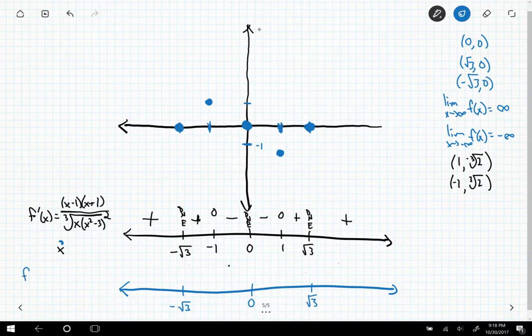We have f double prime of x equals negative 2 times x squared plus 1, all over the cube root, and let's factor that denominator because we do have a 5th power going on here now, cube root of x times x squared minus 3. Okay, so notice this thing does not exist at those 3 values that we listed.